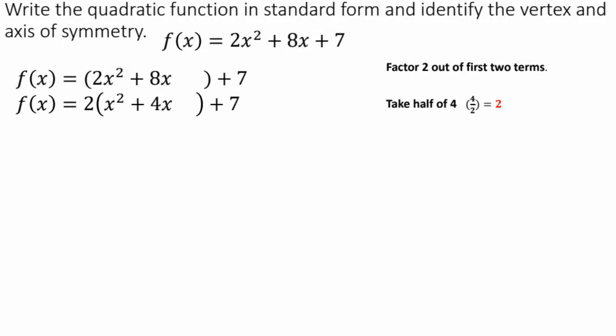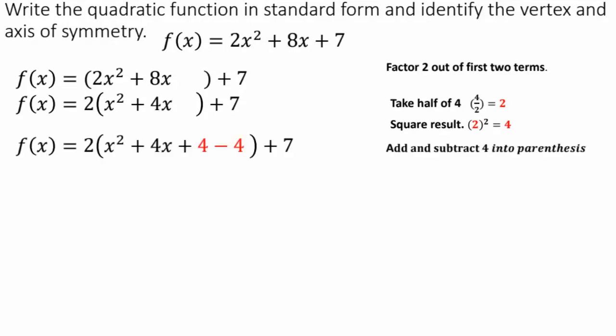So I'm going to take half of 4, which is 2, and then square it. So the number that creates a perfect square inside my parentheses is 4. Again, I don't want to unbalance the equation, so I'm going to add 4 and subtract 4. That's like adding 0.